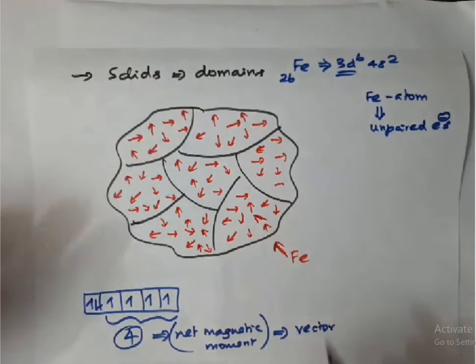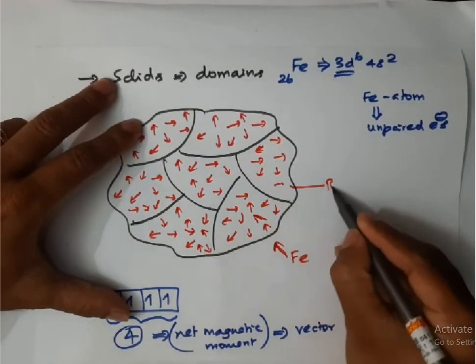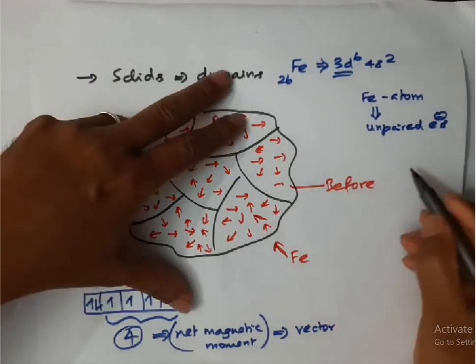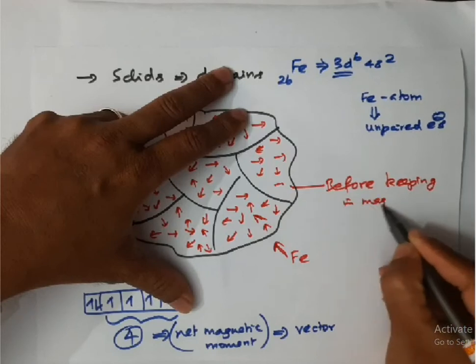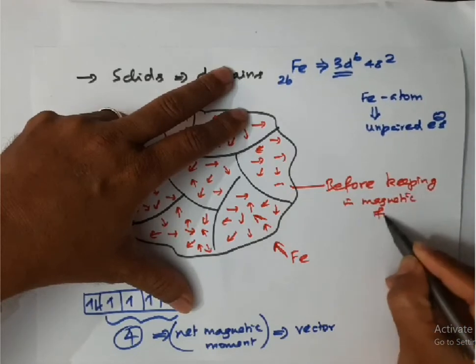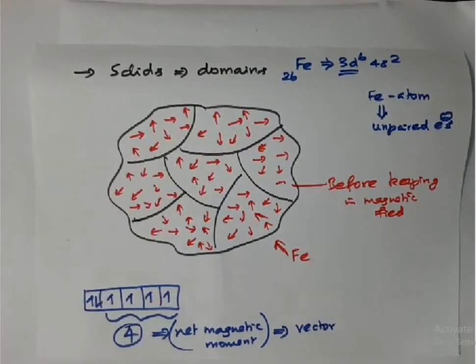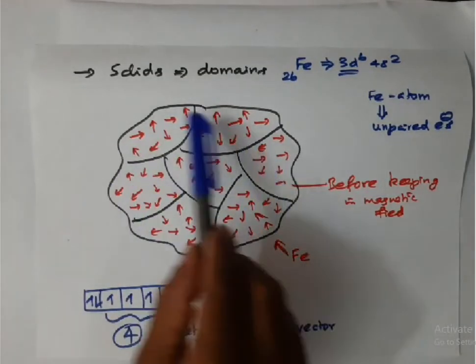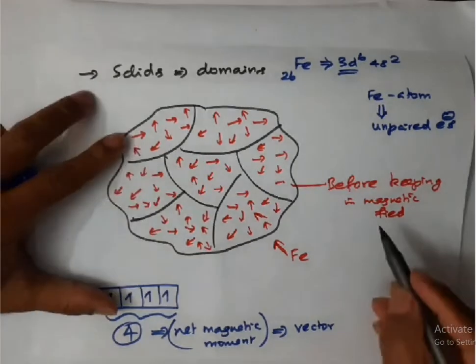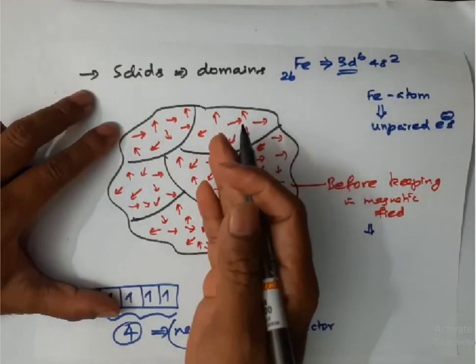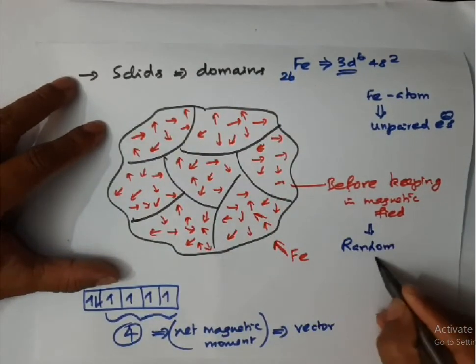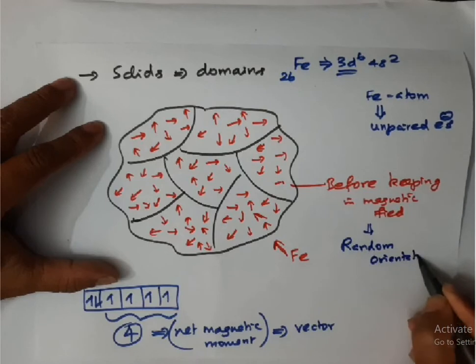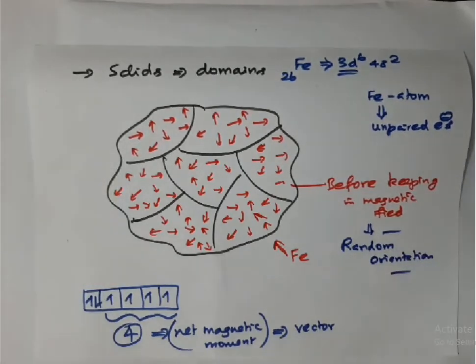So before keeping it in an external magnetic field, the magnetic moments are oriented in a random manner. That's a random orientation of magnetic moments.